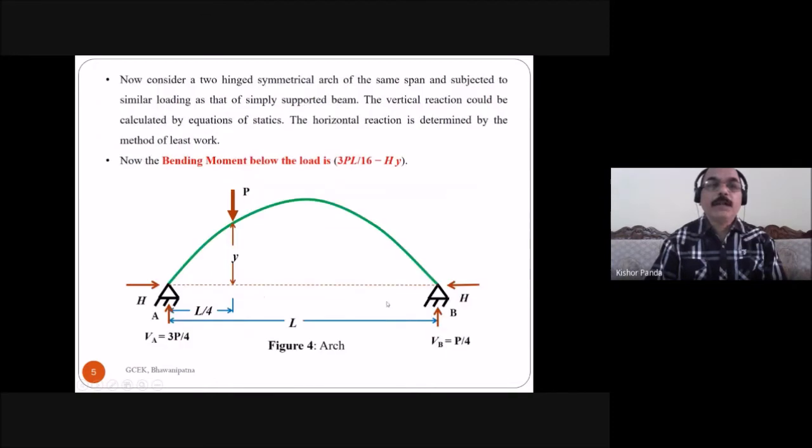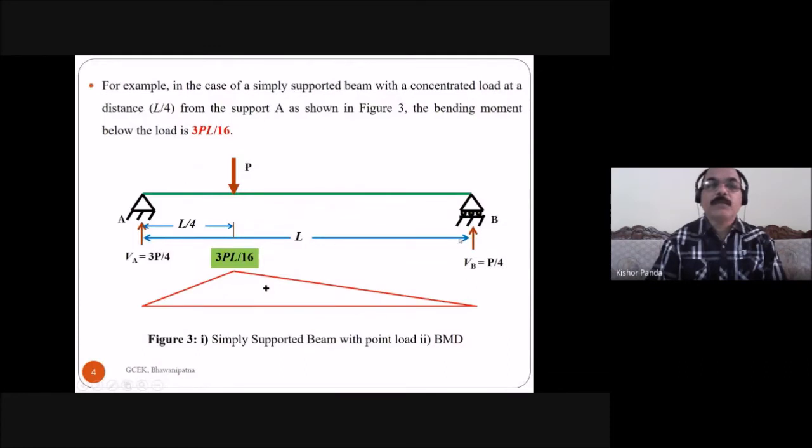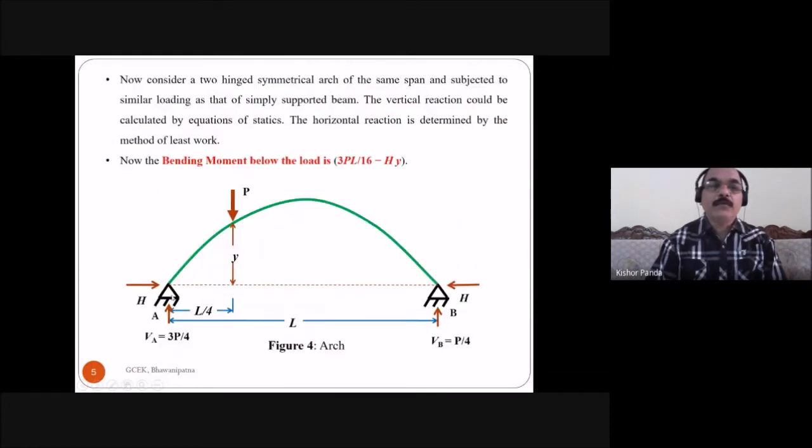In the case of arch, look at this figure. In the case of beam, the length of the beam is L, so you take the same length in the case of arch. Here you see this is the horizontal direction and this is the vertical direction.